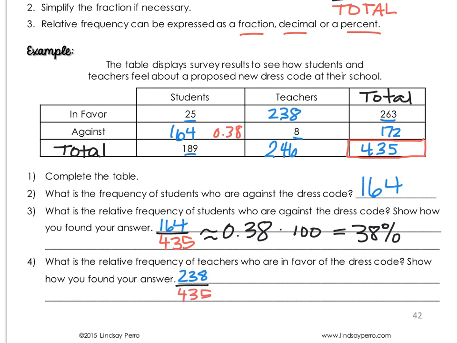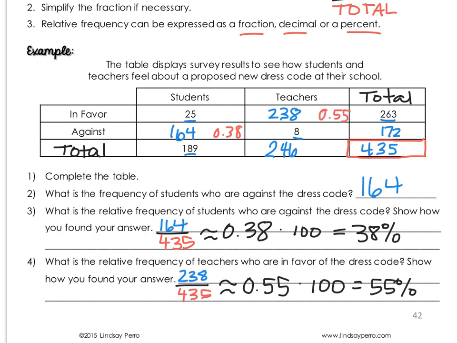So use your calculator. And that's going to round to about 0.55. I'm rounding this to the hundredths place because I want to write it as a decimal and then a percent. So that'll give me, to the nearest percent, 55%. So I'm going to go ahead and put that in the correct spot here.